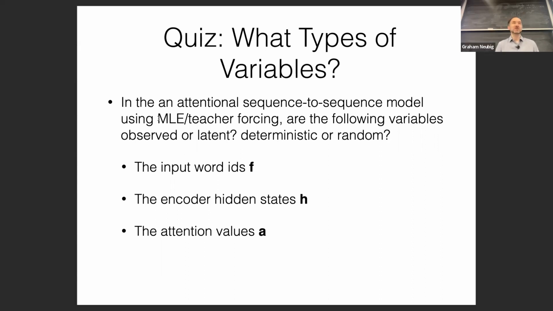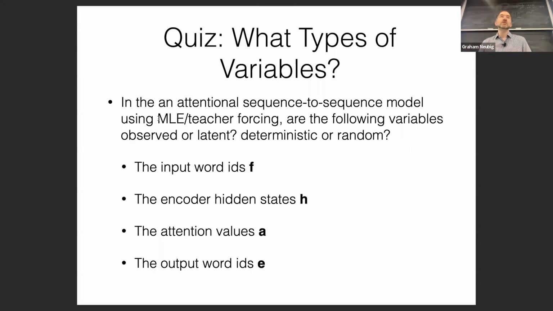Yeah, deterministic, exactly. So this is a little bit of a tricky one because the attention values look like a probability distribution, but actually they're not. We never do sampling from them. We never explicitly treat them as a probability. So essentially, they're just deterministic variables that are used to mix together other deterministic variables.